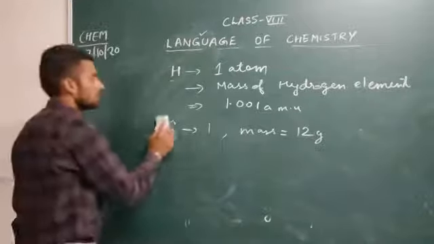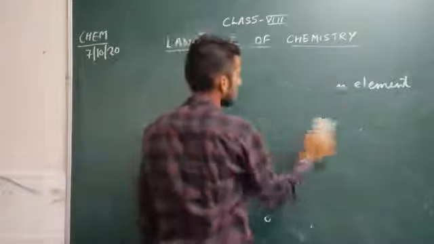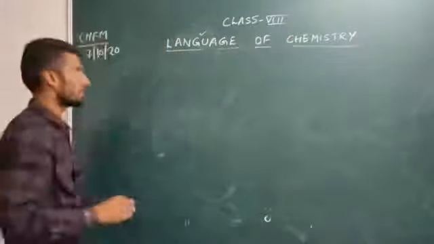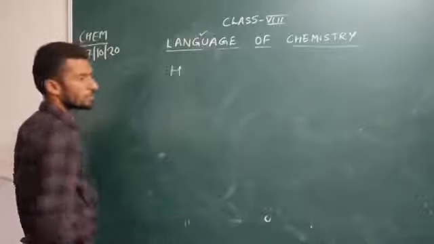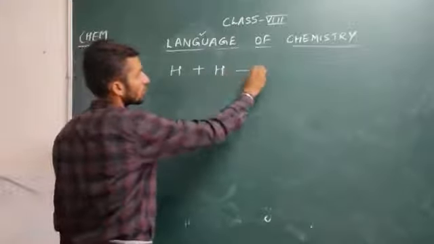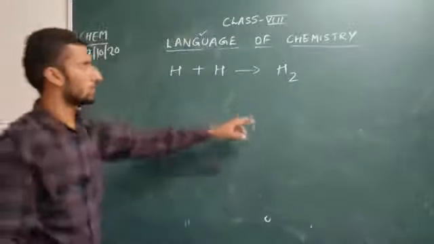Now after that, what are molecules? Molecules are formed when atoms combine with one another. Like one hydrogen atom combines with another hydrogen atom, there is formation of a hydrogen molecule.